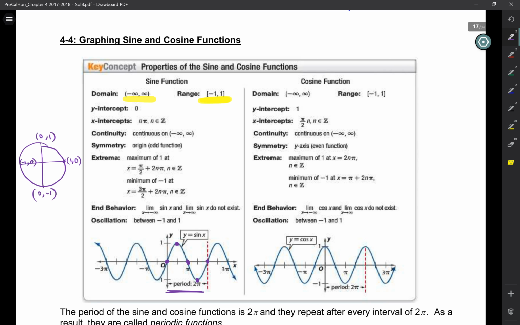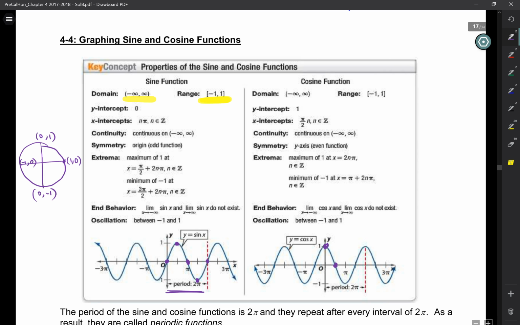Let's talk about cosine then. Same unit circle. When my angle is 0, how much is the cosine? Now it's the x-axis, right? So it's 1. When my angle is 0, cosine is 1. When I'm at pi over 2, how much is the cosine? 0.